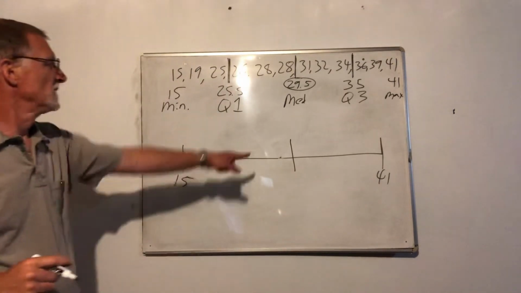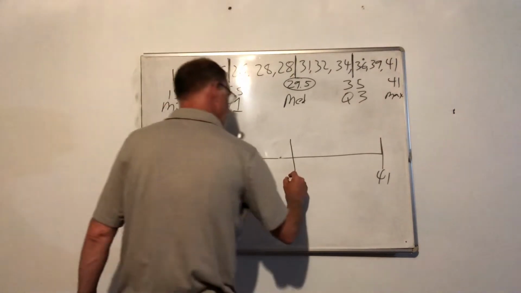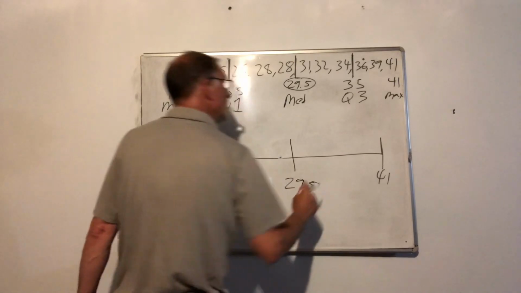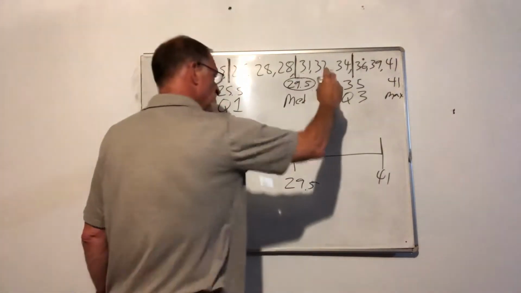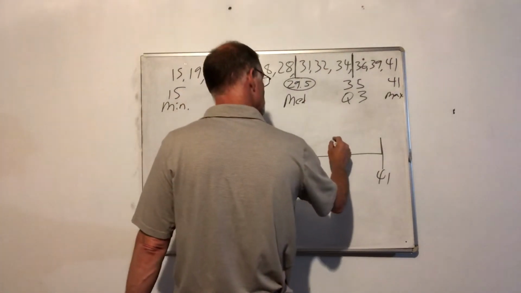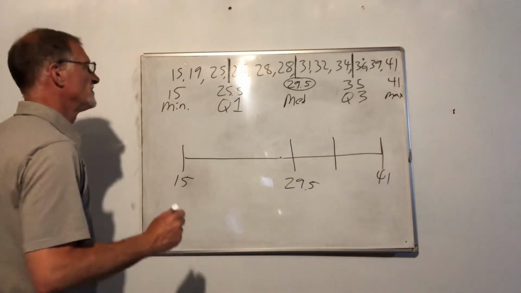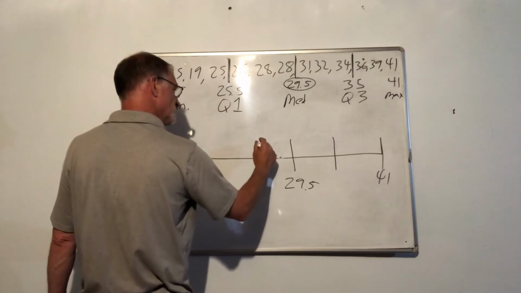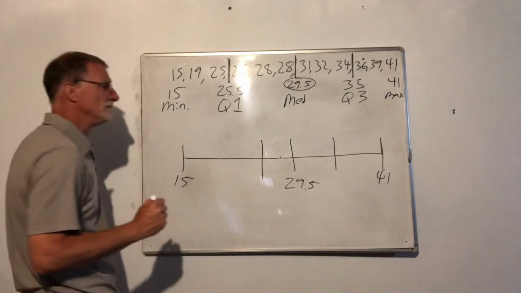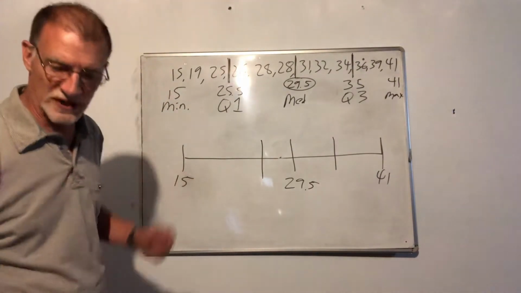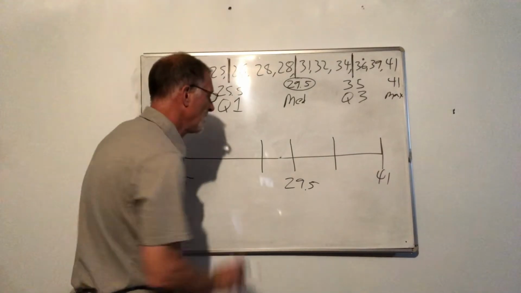Okay, so this is our median at 29.5. Then I take my third quartile number, which is 35, which is right about here. And I take my first quartile number, 25.5, which is definitely closer to the median than it is to the minimum. So again, I'm doing it roughly. And I build my box.